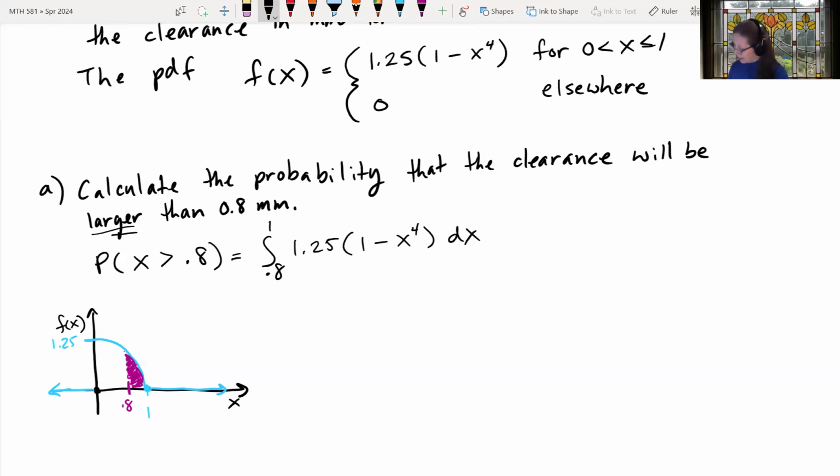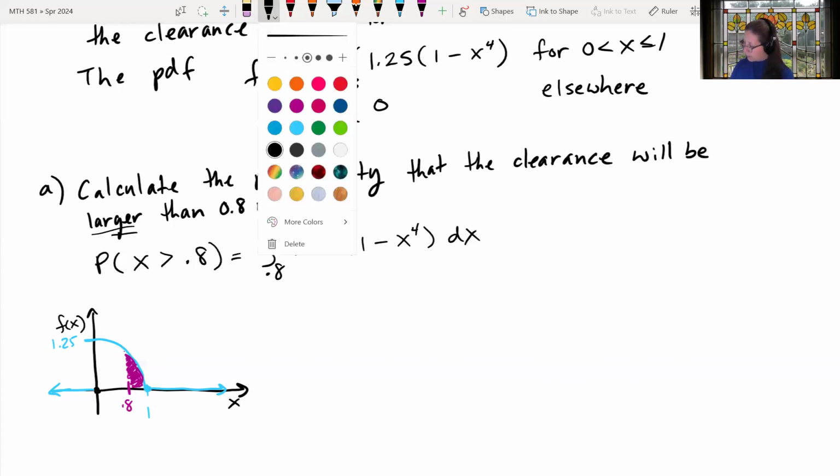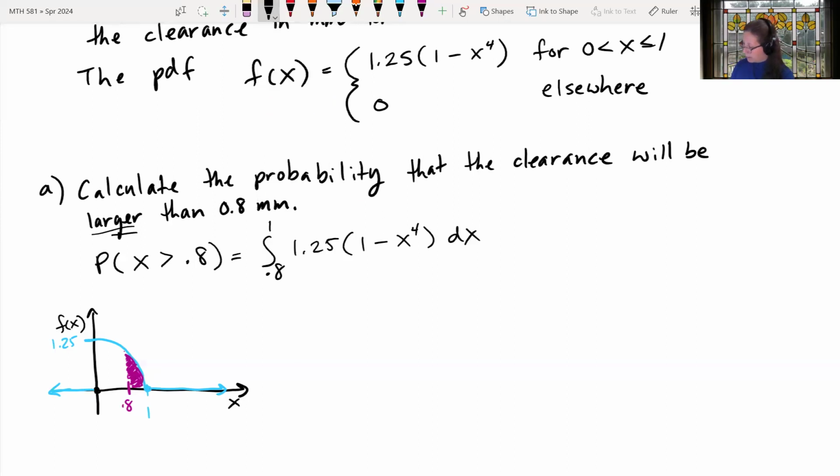So it's even smaller than a quarter of a circle. If I look at the math behind this, if I go back to my integral in here, I'm going to take this constant out front just to make it a little easier to work with. So we have 1.25 times the integral from 0.8 to 1 of 1 minus x to the fourth dx.